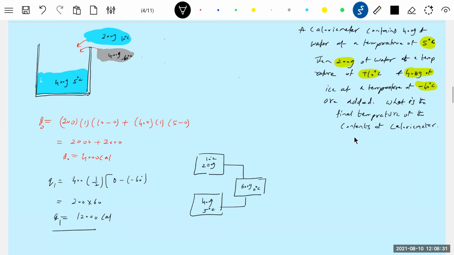So then what is the energy released? Here some energy is released, that we'll call Q naught. Then again this will get frozen.